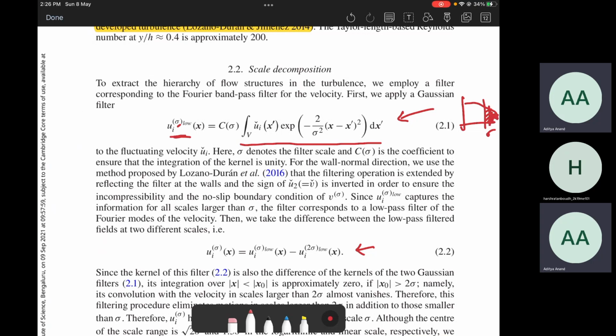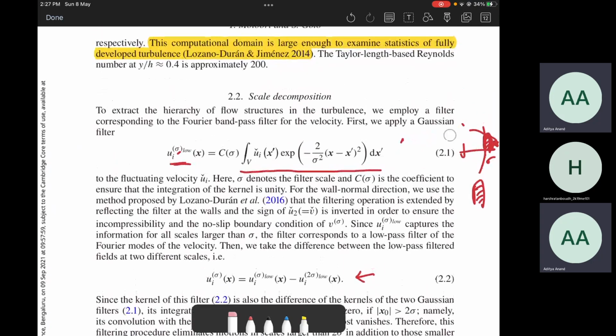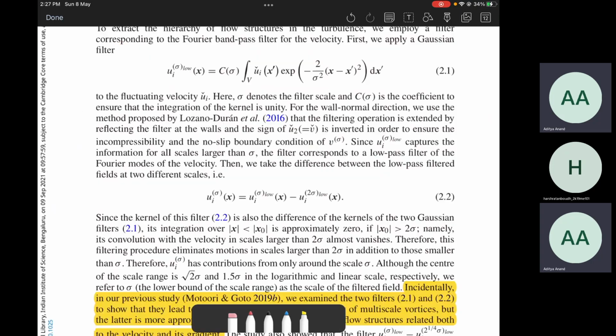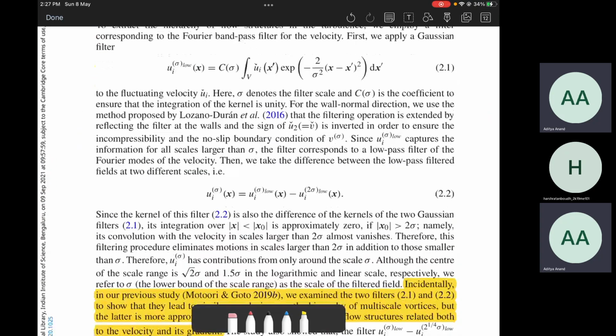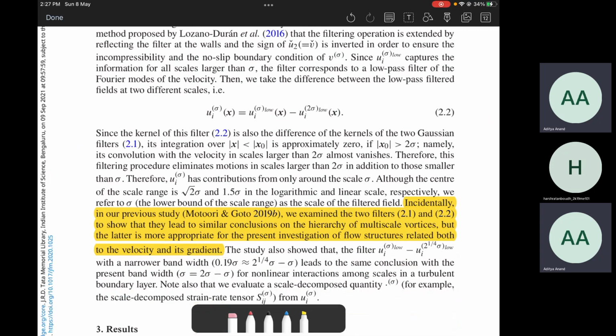If you take a difference of these two, you'll be left with this one. That's how they get the bandpass filtered velocity field. And so once you bandpass filter, it has contributions only from a particular scale.